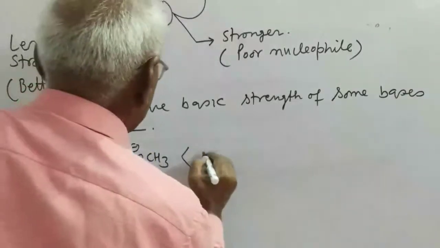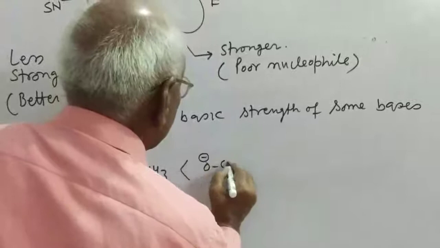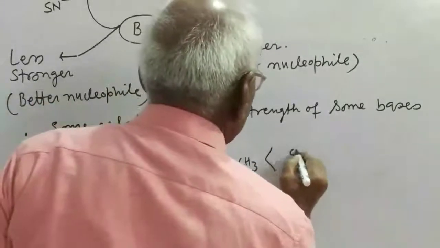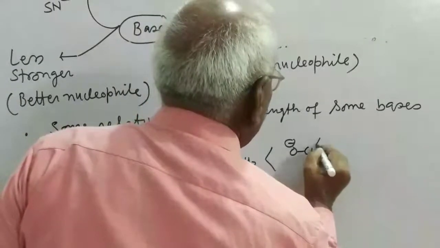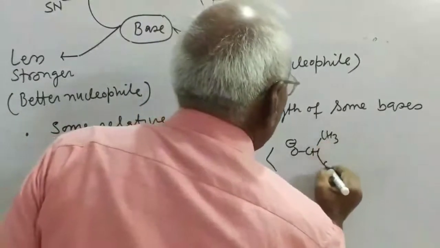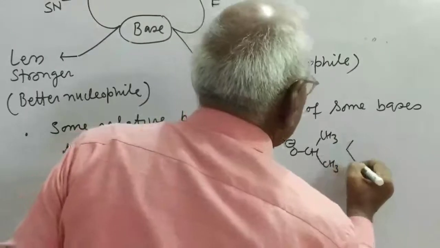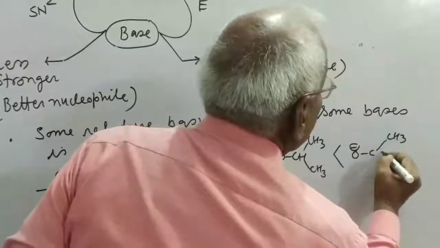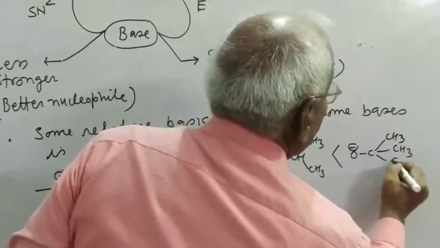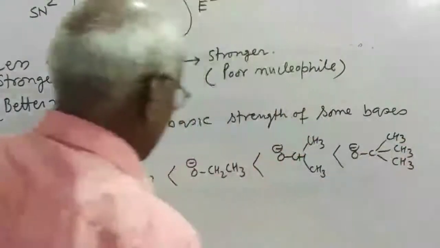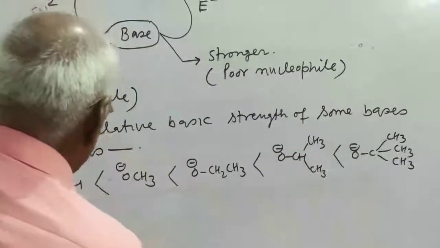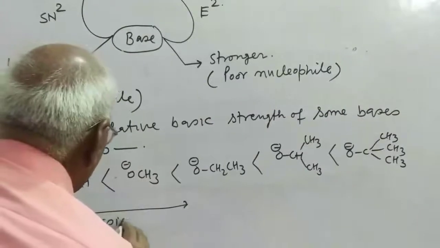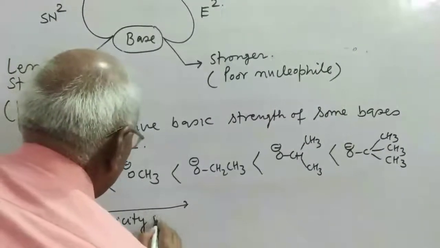Ethoxide ion is stronger than methoxide ion, and isopropoxide ion is stronger than ethoxide ion, and at last tertiary butoxide ion is the strongest base. So basic power, basicity, is increasing.